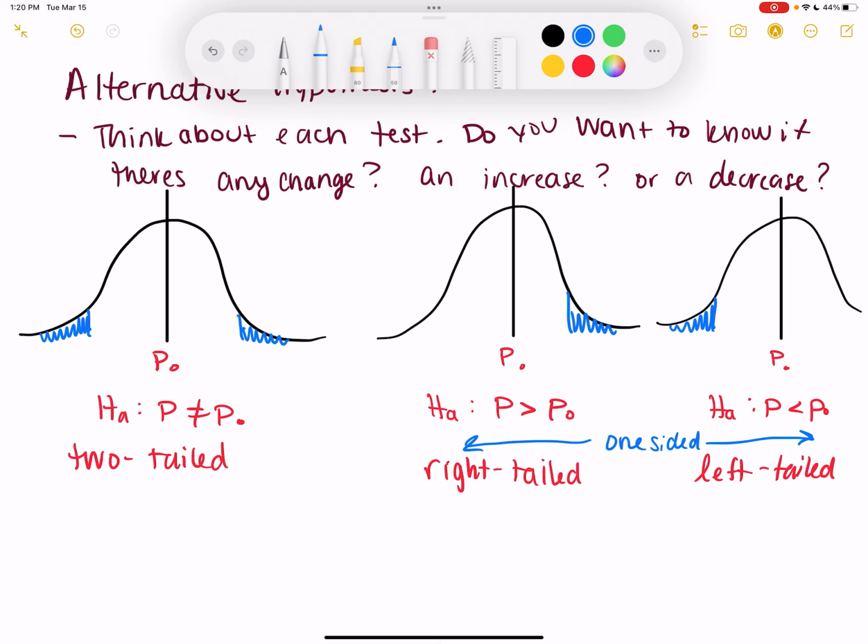And then the last note: a one-tailed test will reject the null more often.